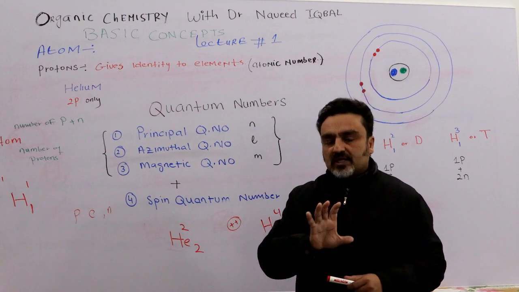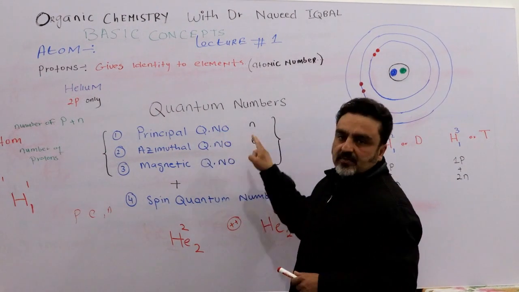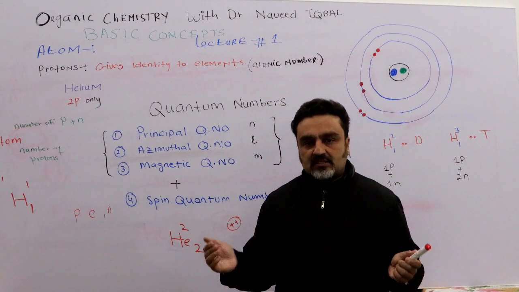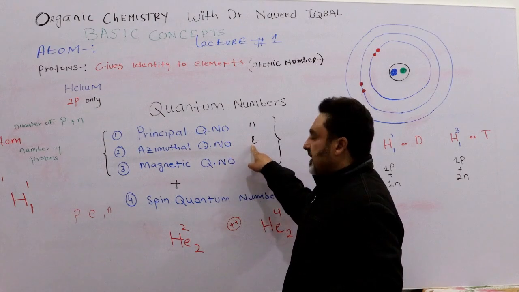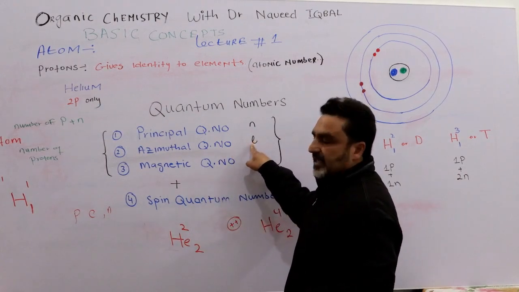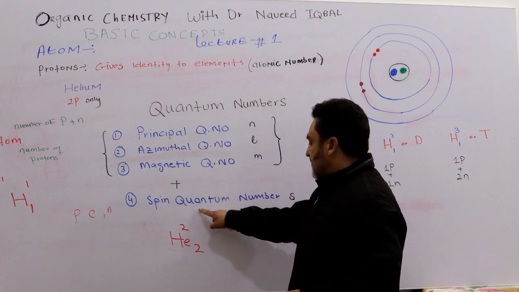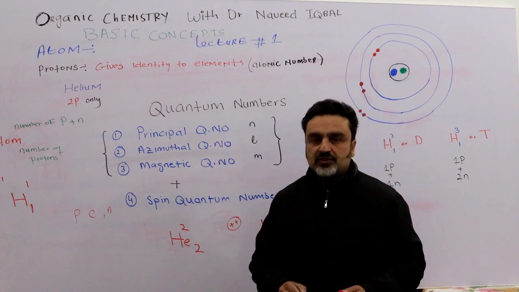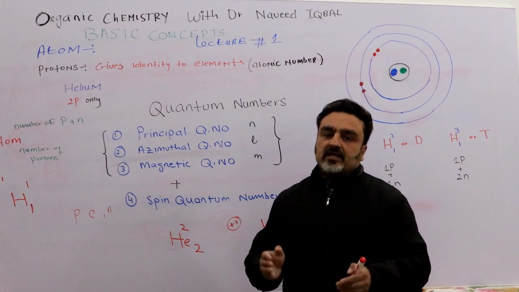For us it is sufficient that the principal quantum number is represented by n. It will tell us something about the electron. The azimuthal quantum number is represented by lowercase l, the magnetic quantum number by m, and the spin quantum number by s. These will tell us something about the electron.